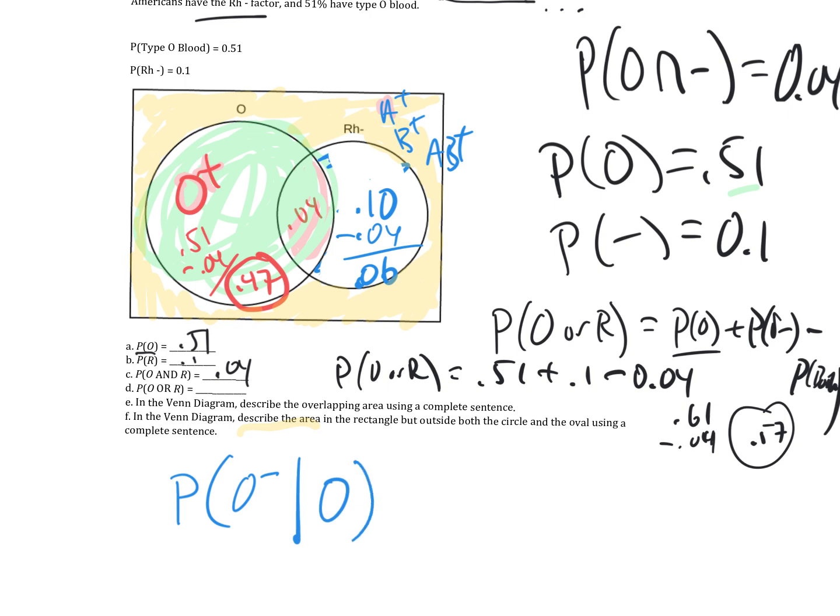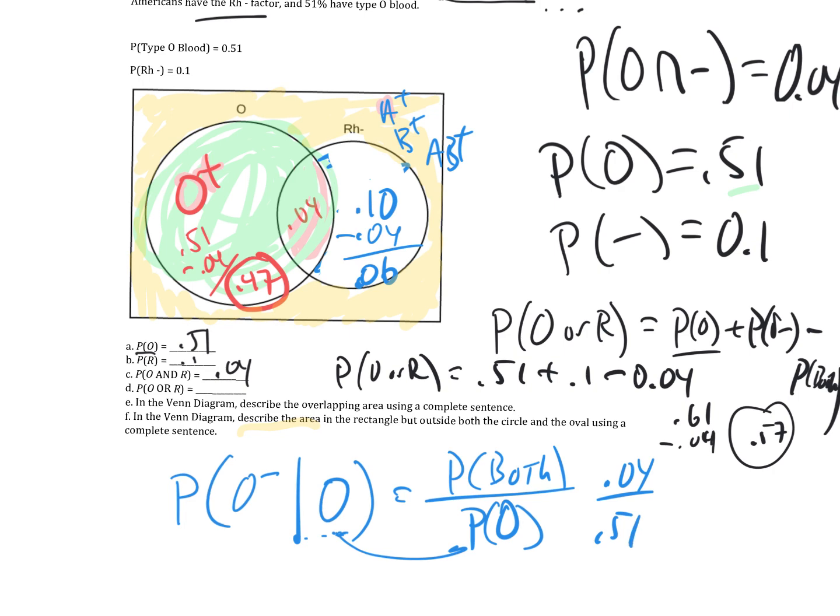The way you do this is the probability of both O and Rh negative, divided by the probability of O. The second thing after the given line is always in the bottom. So we're going to do 0.04 divided by 0.51. I don't have a calculator here, but it's somewhere around 0.08, right? It's close.